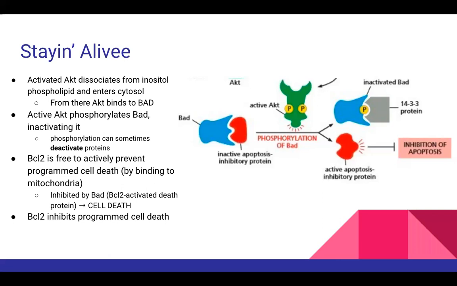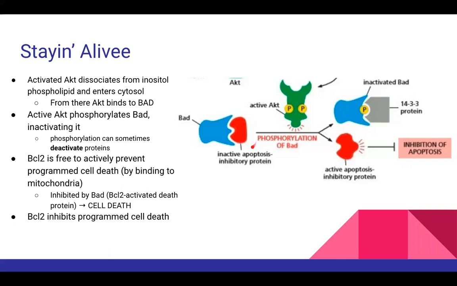So just keep in mind that active AKT, when it phosphorylates BAD by interacting with it, causes BAD to become inactive.